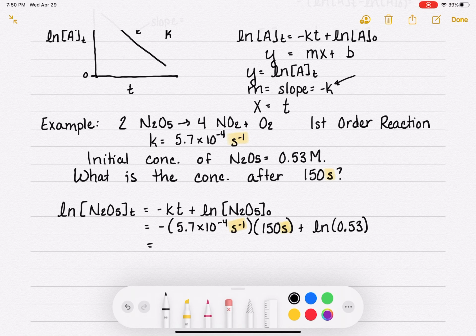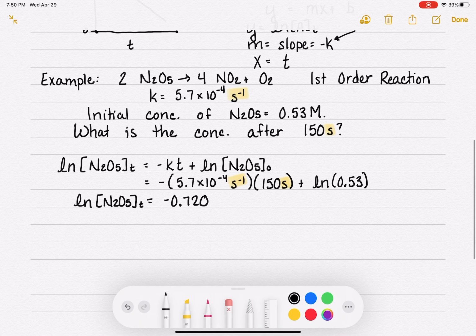And we get a natural log of N2O5 at time t of negative 0.720.